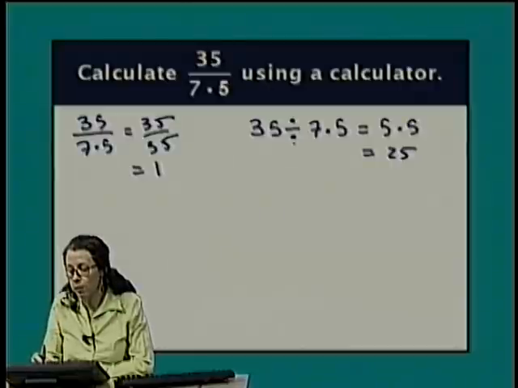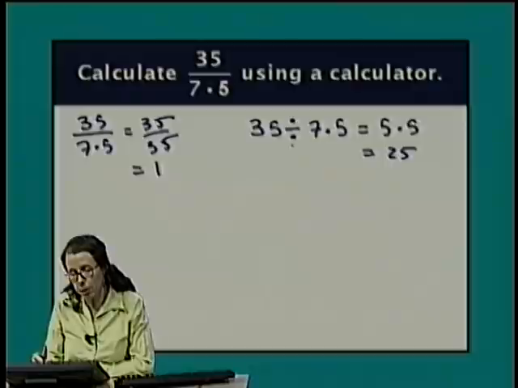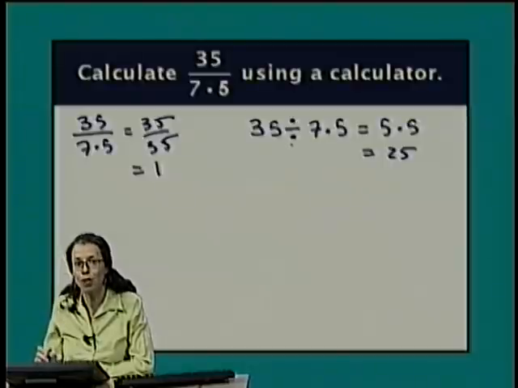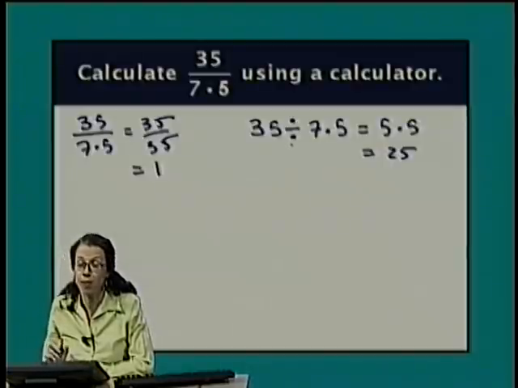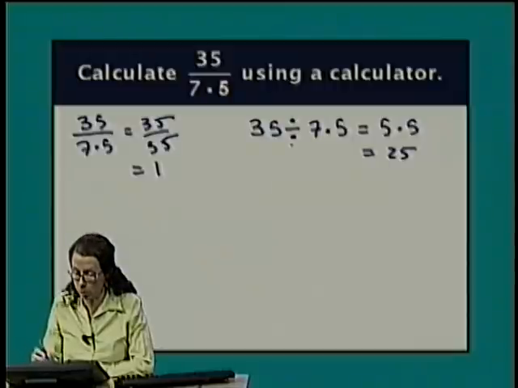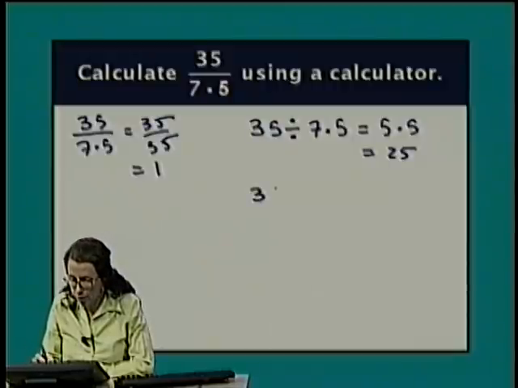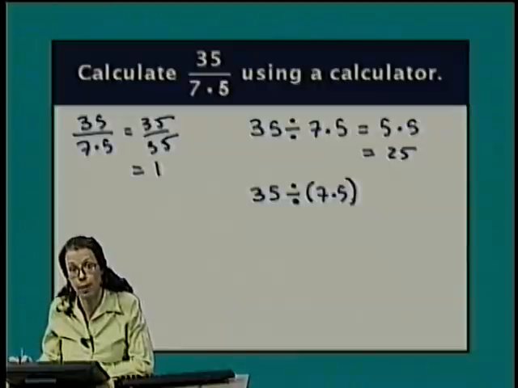So we used a division symbol to indicate the fraction bar. But this division symbol to the calculator just means division. It doesn't understand it as a grouping symbol. So what I would need to enter here is 35 divided by 7 times 5 grouped using parentheses.